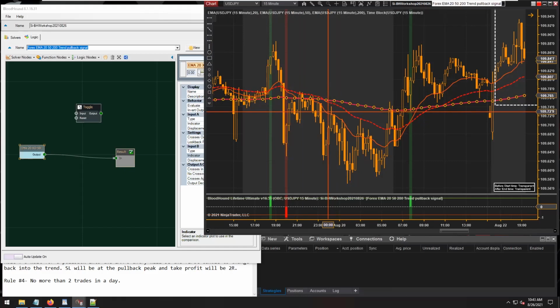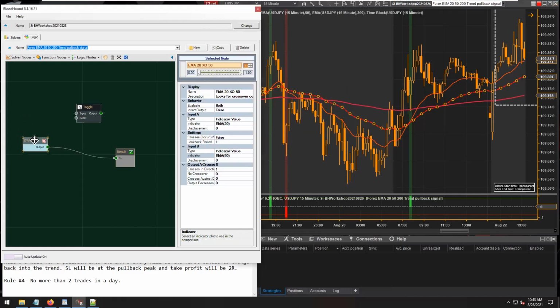It does look like sometimes we could get the 20 crossing the 200. Yeah, I guess that is possible, where the 20 could cross the 200 without the 20 crossing the 50. Yeah, maybe that is possible. So we're going to create 3 crossover solvers, checking each of these EMAs possibly crossing each other.